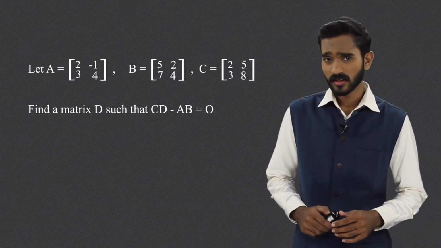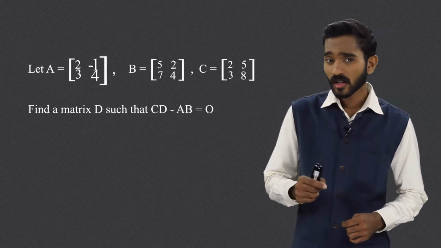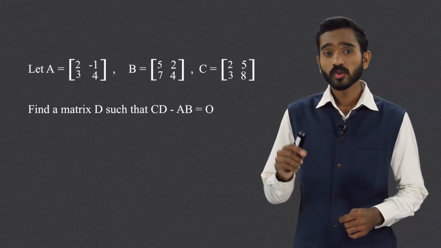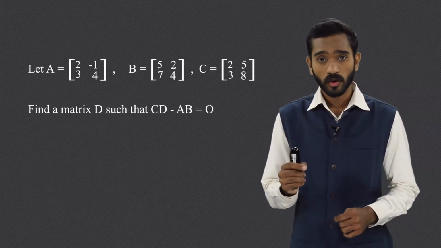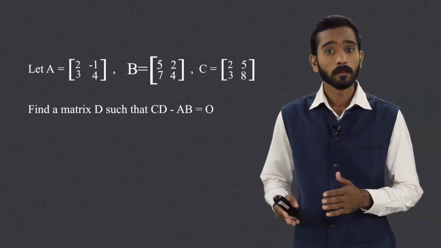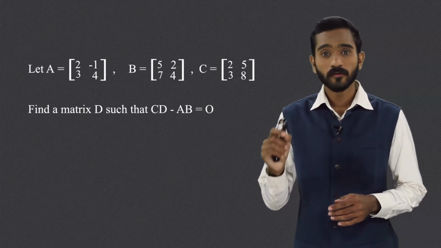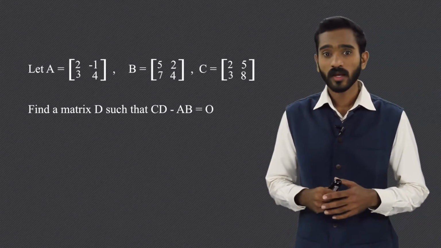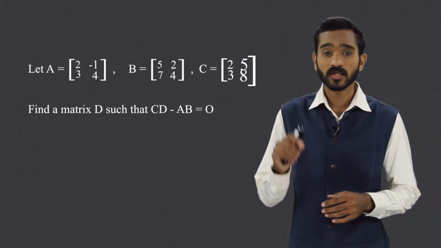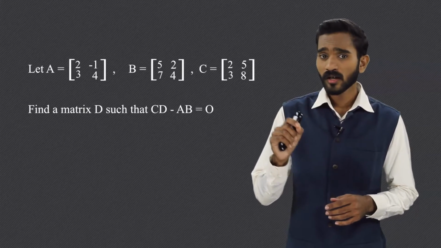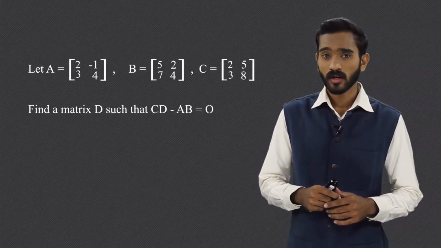Now the question is this. Listen. Let A be equal to matrix 2, minus 1, 3, 4 of order 2. B is equal to matrix 5, 2, 7, 4 again of order 2. And C is equal to matrix 2, 5, 3, 8 of order 2.